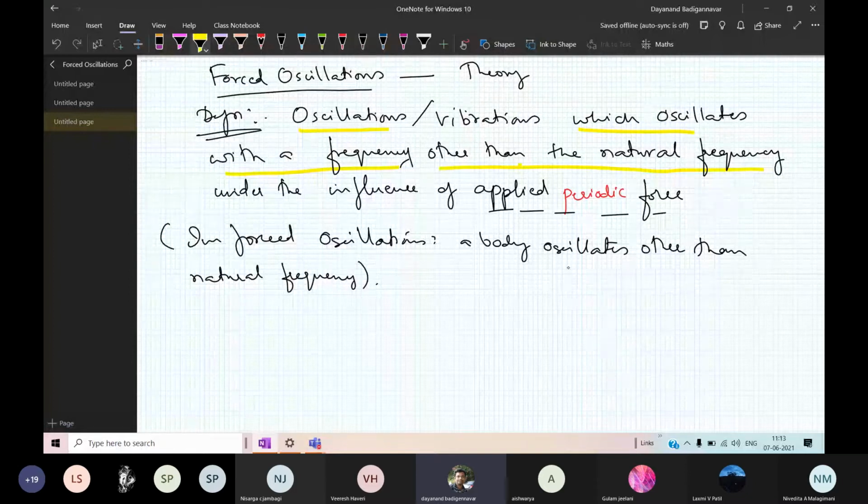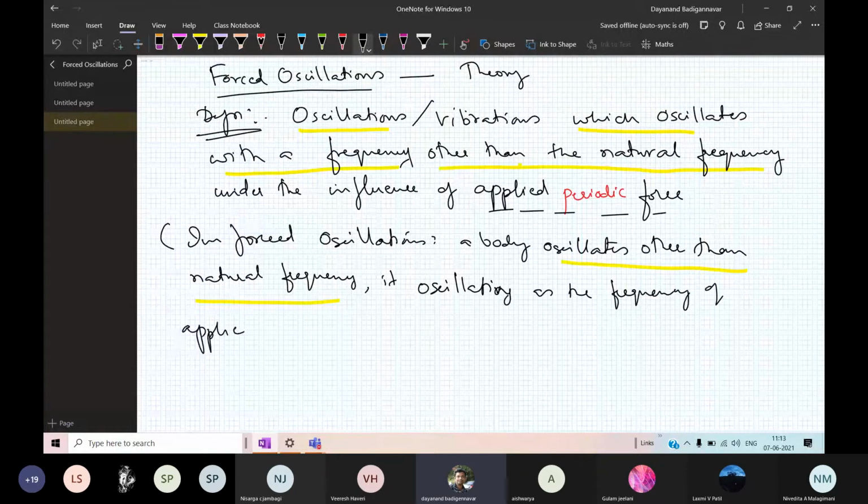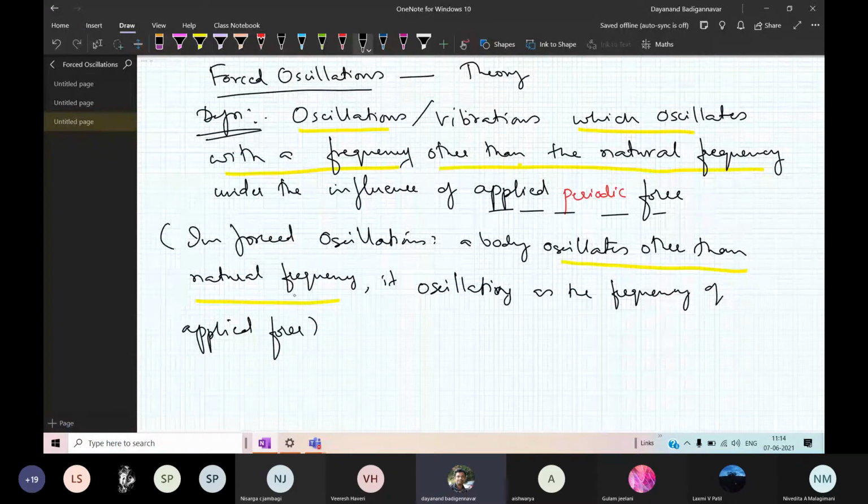It is oscillating under the influence of an applied force, with the same frequency as the frequency of the applied force.